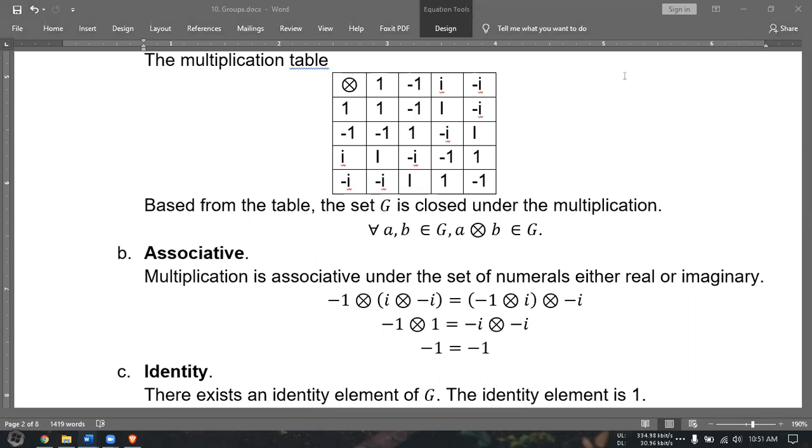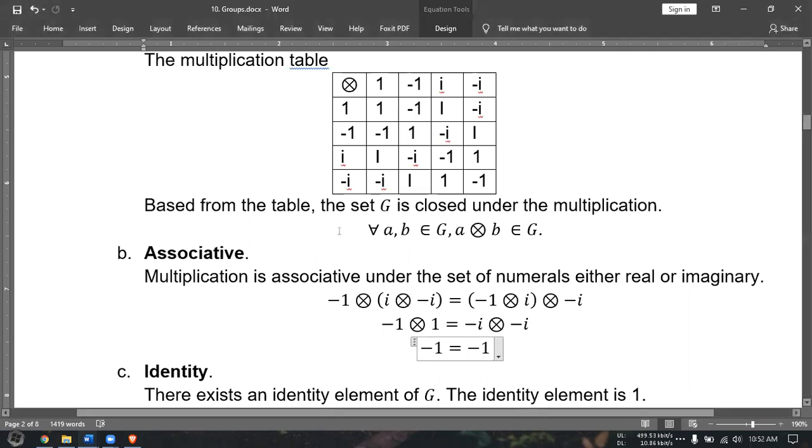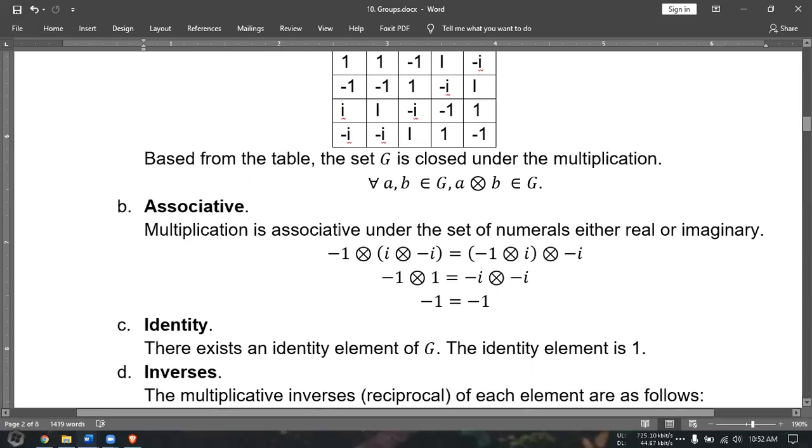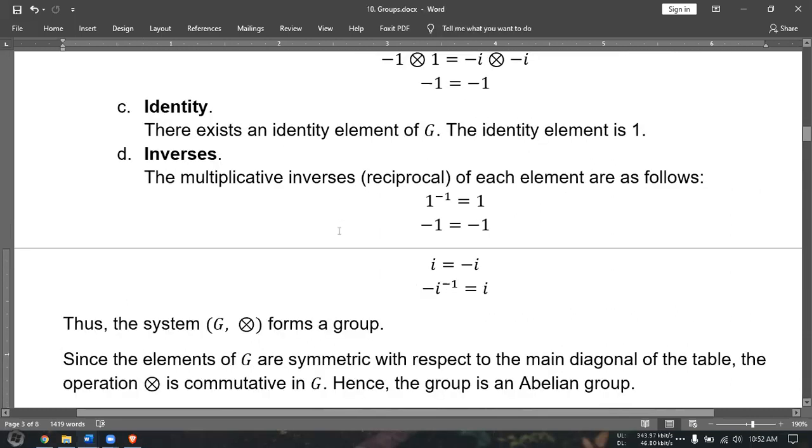Therefore, the table is commutative and the system is commutative under the given binary operation. Therefore, the group is an abelian group. Okay. That is the second example.